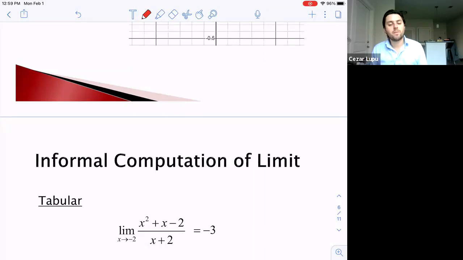So we have x squared plus x minus 2, and on the bottom, we have x plus 2. And we say that as x approaches -2, this is -3. Why is that? Can you tell me? Why do we get -3?